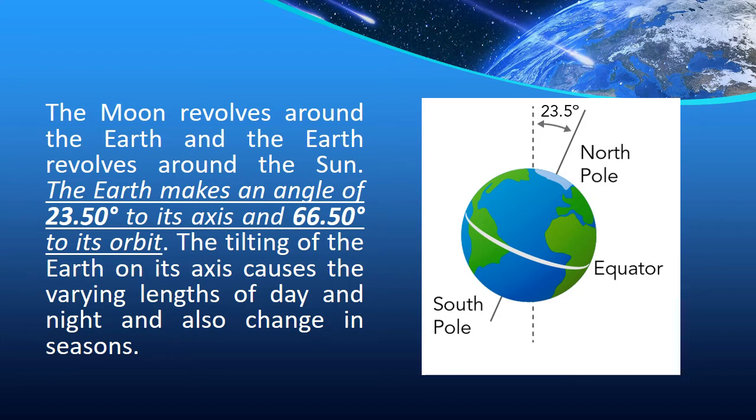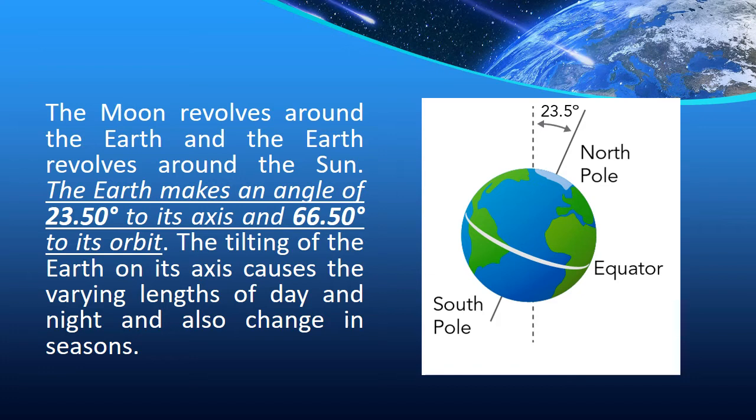The tilting of the earth on its axis causes the varying lengths of day and night and also the change in seasons. If there was no tilt, if the earth was rotating and revolving at the same angle, then maybe we would all have equal day and night, and equal seasons.